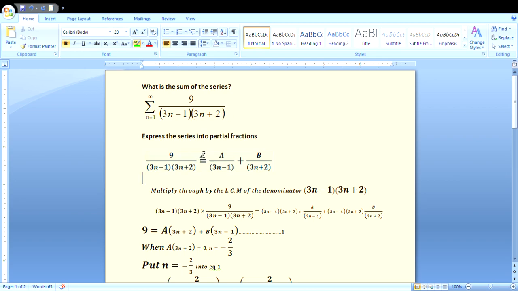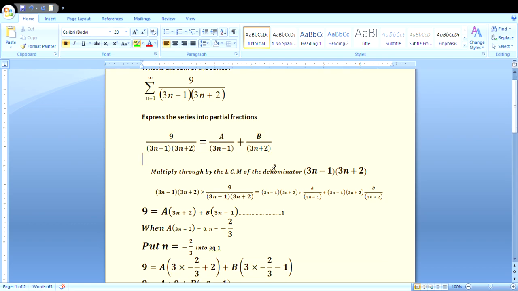And this can easily be done by expressing 9 over (3n minus 1)(3n plus 2) as equal to A over the denominator 3n minus 1, plus B over 3n plus 2.